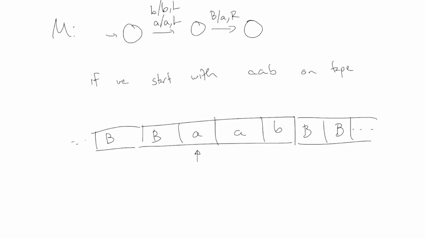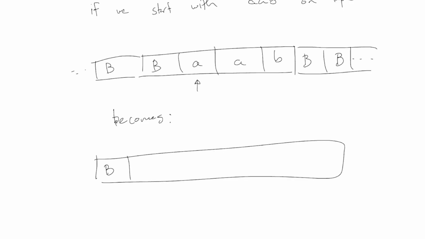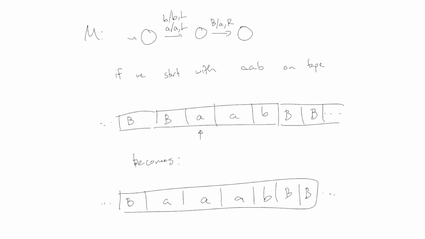First of all, in the starting state here, it says AAL. That means I read this A, leave it like that, and move one position to the left. And then what happens next? It says blank AR. After you do all these steps, the head will have moved one spot to the left. So I still have a blank here, but this becomes an A, and then A, B, blank, blank, etc. That's what happens when this Turing machine runs.